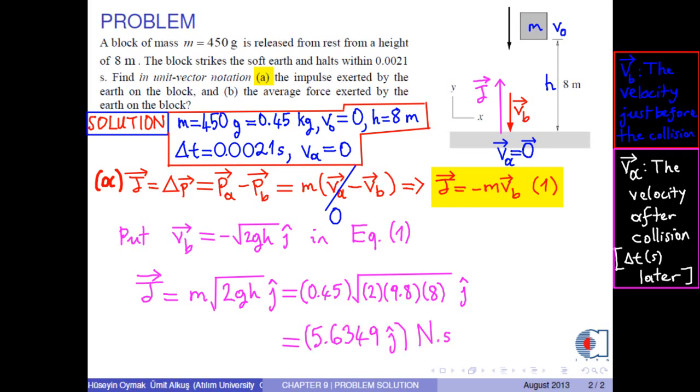So we obtain the impulse exerted by the earth on the block as 5.6349 j hat newton seconds, or in three significant figures, approximately 5.63 j hat newton seconds. As you see, the impulse exerted by the earth on the block points in the positive y direction.